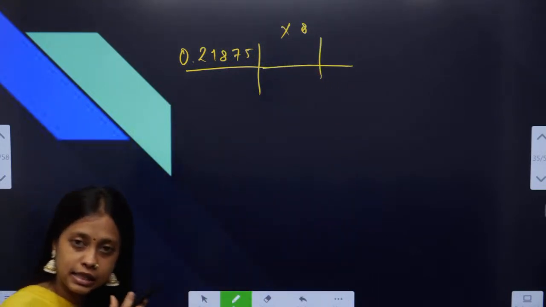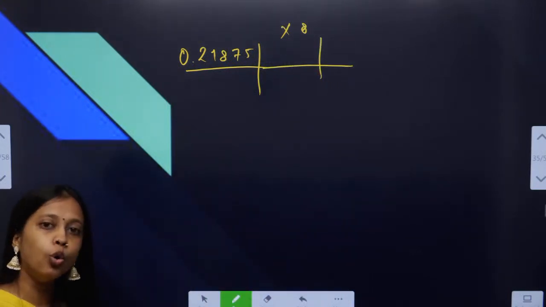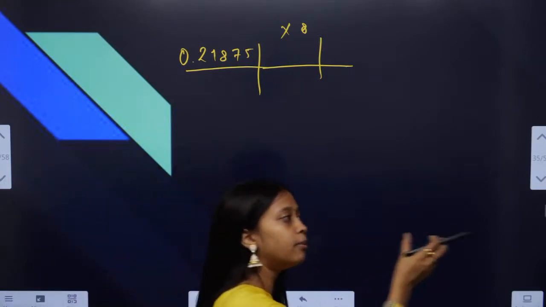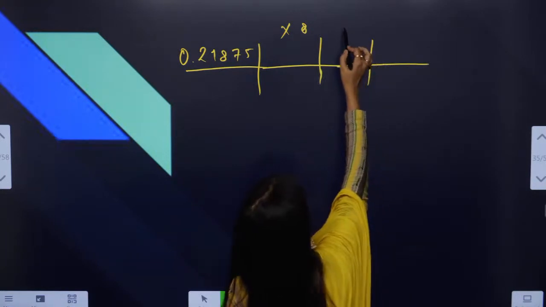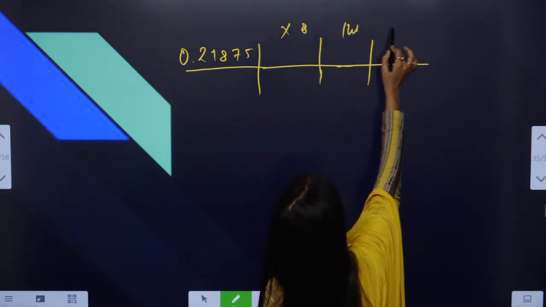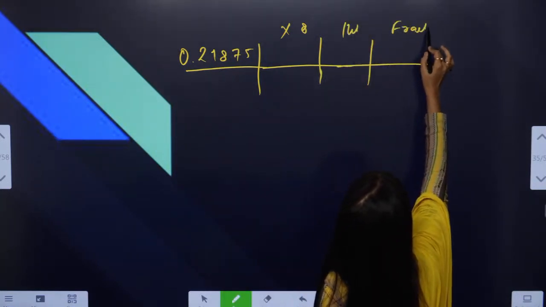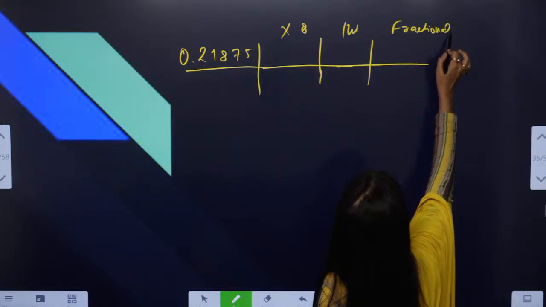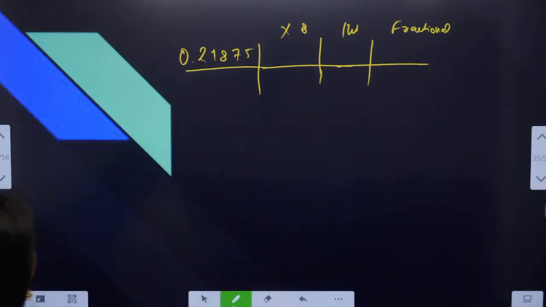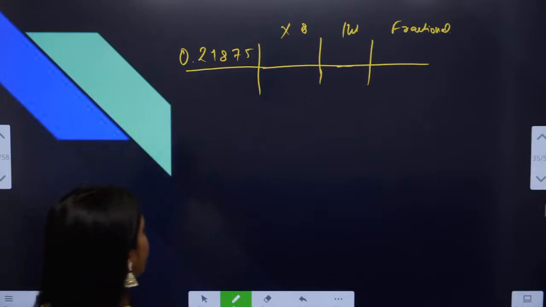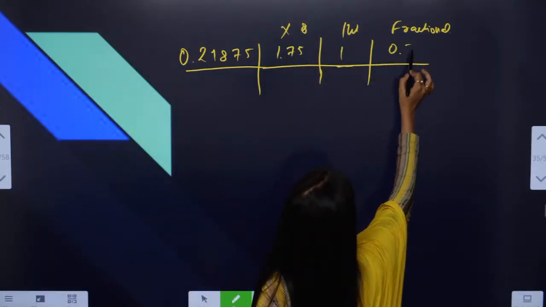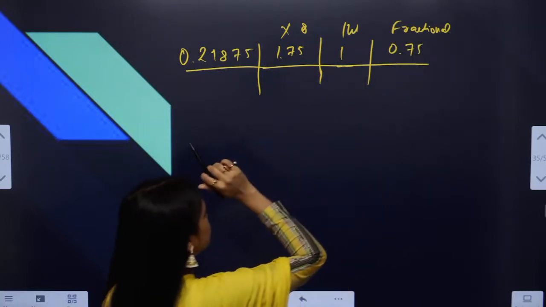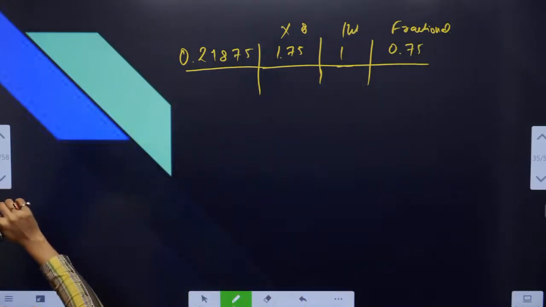In that number, separate again the whole part and the fractional part. If you multiply this with 8, you will get 1.75. Whole part is 1, fractional part is 0.75.